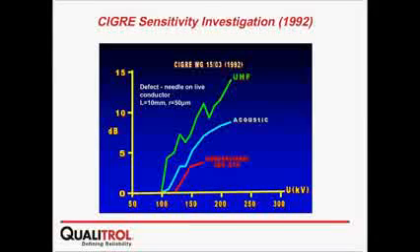In a CIGRE sensitivity investigation done in 1992 with a defect needle on a live conductor, it was proven that the sensitivity of the UHF is higher than acoustics and the conventional method. Again, on site you can put it on, but you need to separate the substation with the disconnector switch, since the capacitance of the GIS is really high.